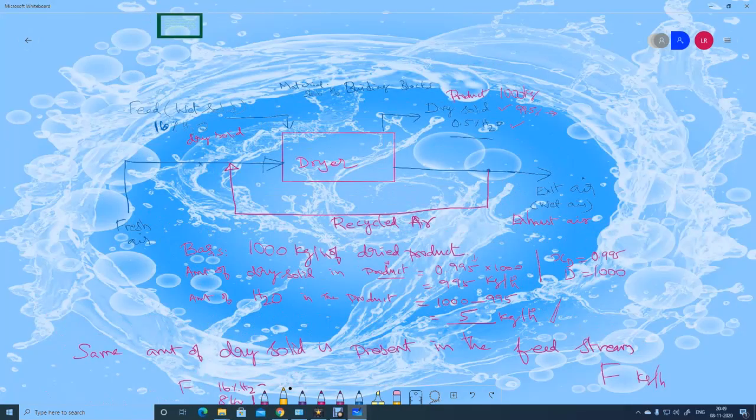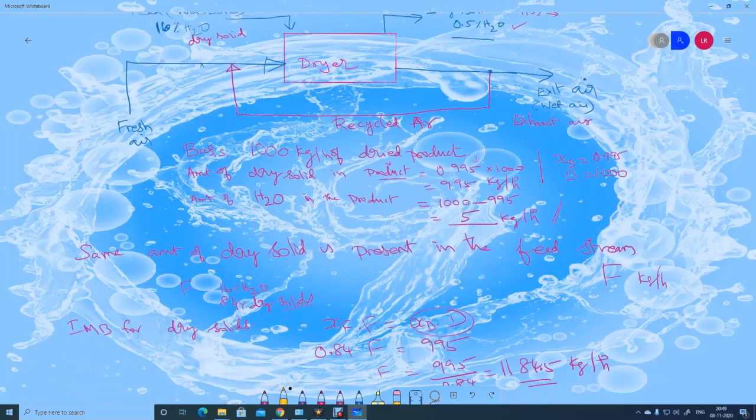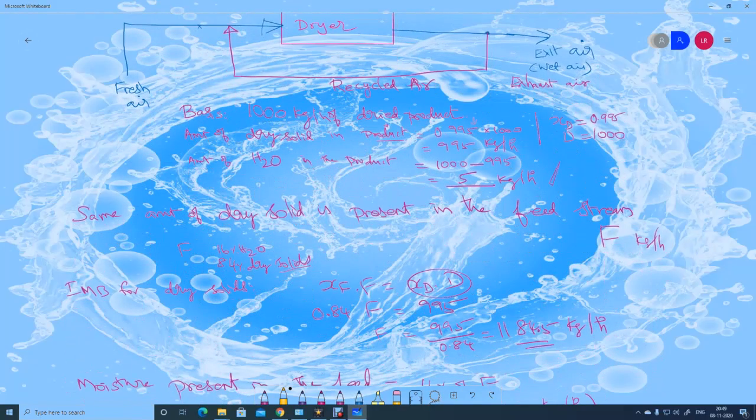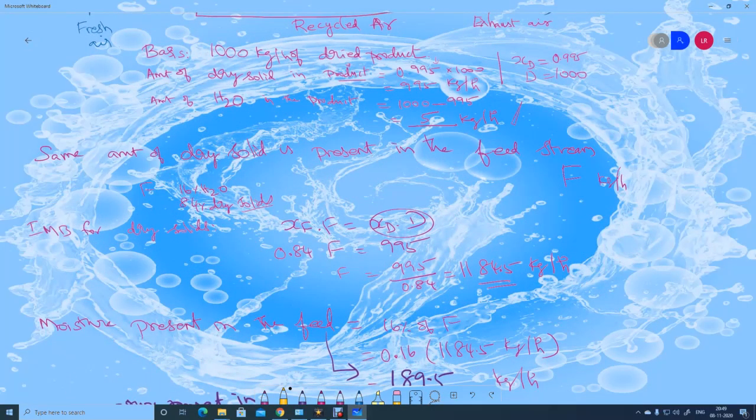So that is the feed entering and leaving, and the excess moisture present in it is being taken away. The first portion is to find the amount of moisture removed. We considered the feed F, and we have the D value 1000, XD value 0.995. Equating gives the F value as 1184.5 kg per hour.